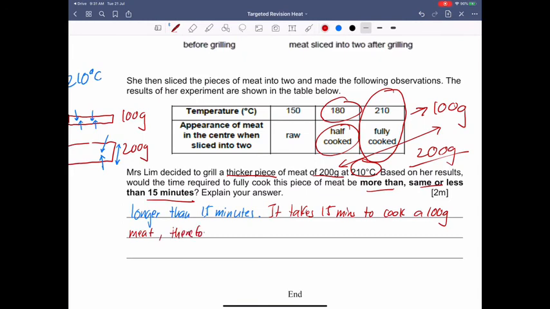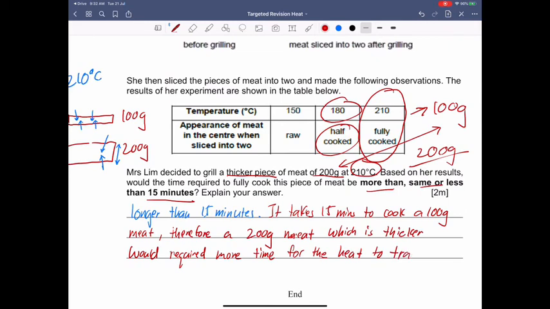Therefore, a 200 gram meat, which is thicker, would require more time for the heat to travel from the surrounding to the center of the meat.